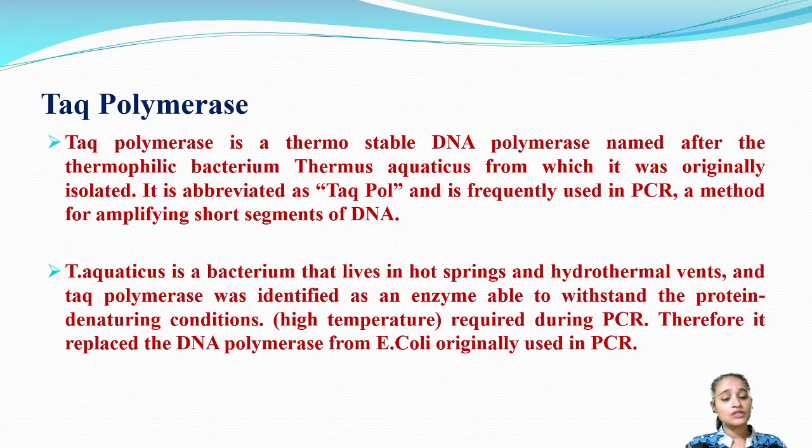Thermus aquaticus is a bacterium that lives in hot springs and hydrothermal vents, and Taq polymerase was identified as an enzyme able to withstand the protein-denaturing conditions, that is high temperatures, required during PCR. This is the main reason it replaced the DNA polymerase from Escherichia coli, which was originally used in PCR. That's why, instead of DNA polymerase from E. coli, we are using Taq polymerase, because it can withstand the high temperatures.